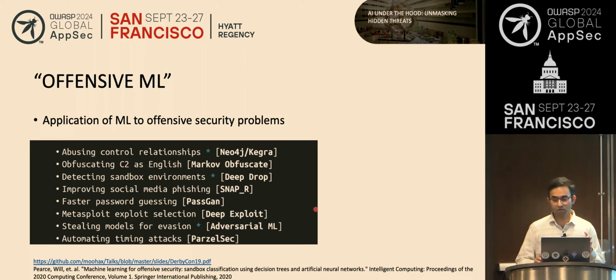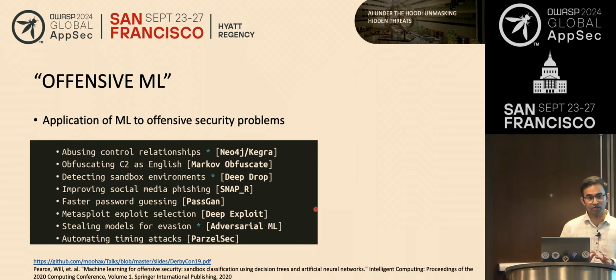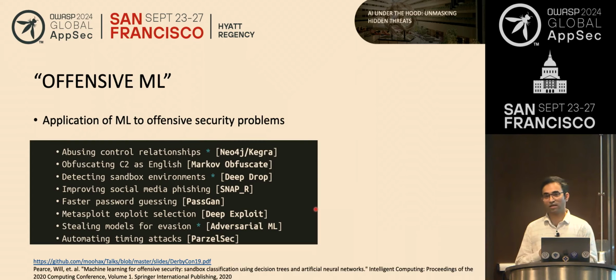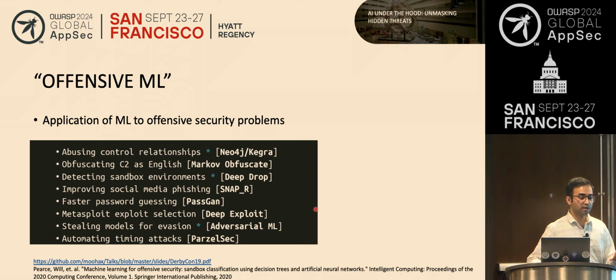So by using these models, the malware can decide to not behave in a malicious way if it detects that it is operating in a sandboxed environment. So these are some of the examples of basically using ML offensively.